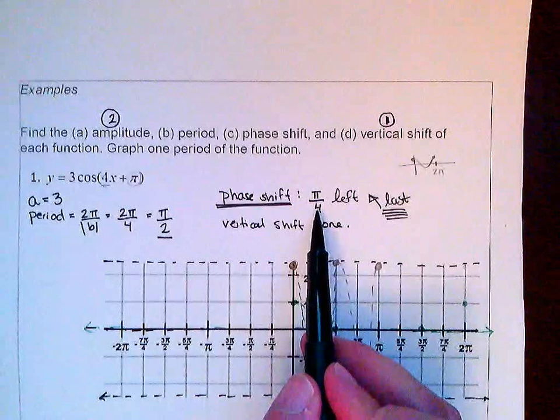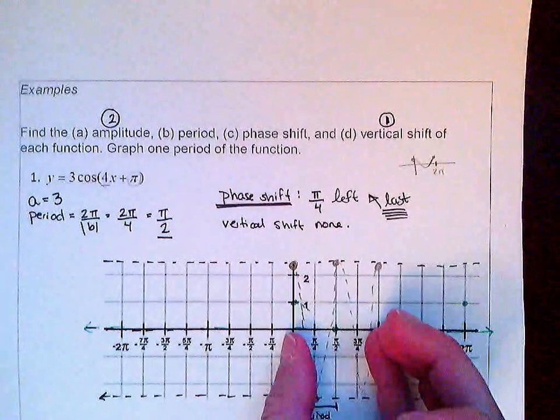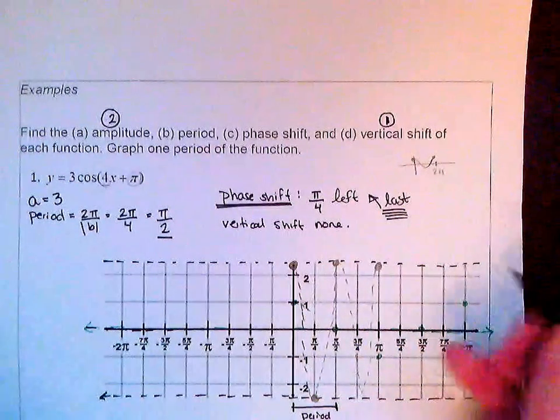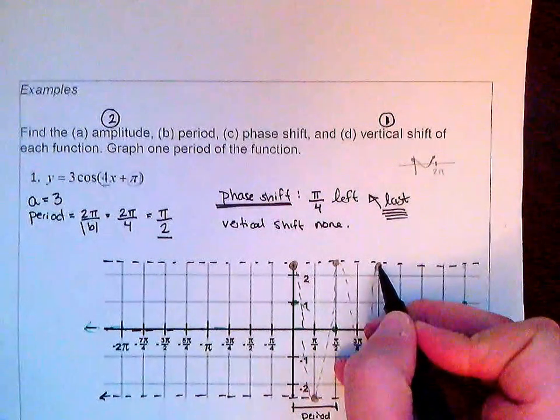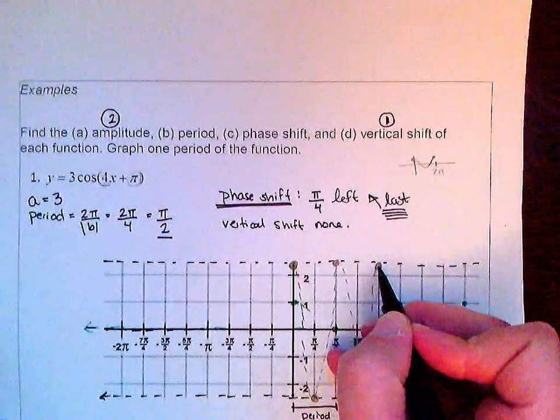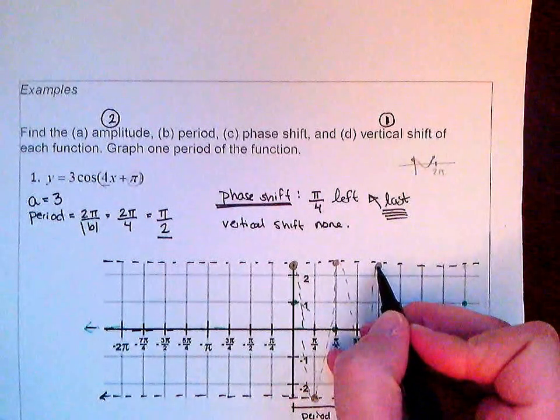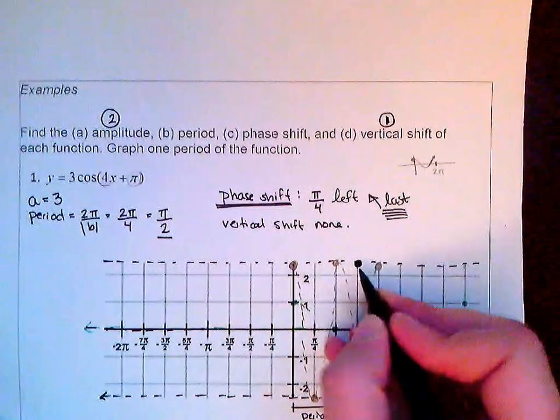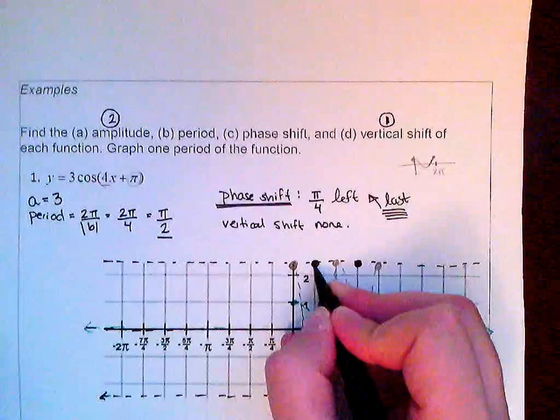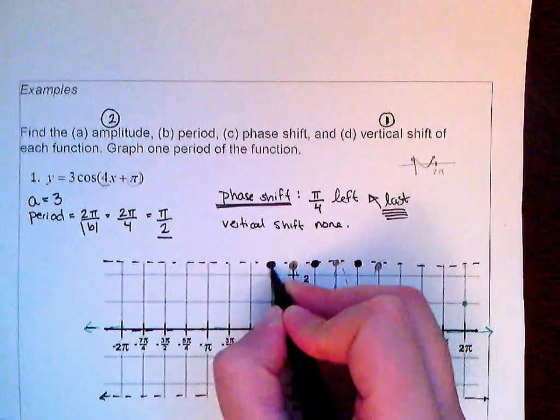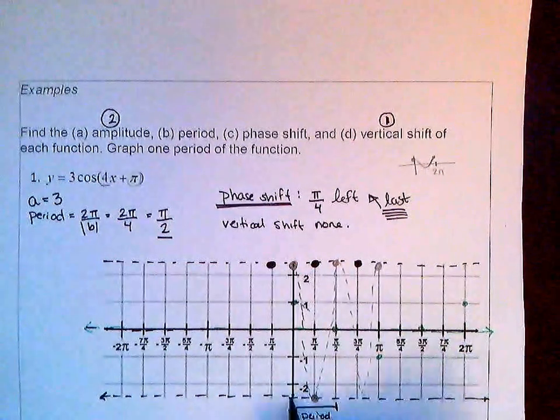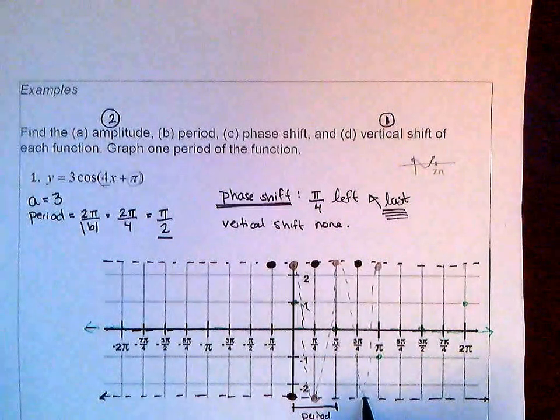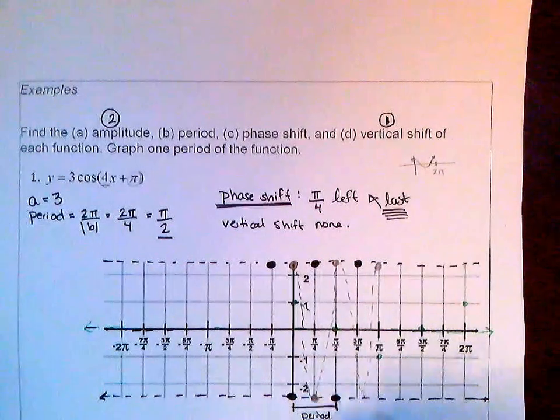Because the phase shift is saying that this whole entire graph is moving to the left pi over 4, all you have to do is move every single one of these points to the left pi over 4. So instead of this point, it's going to be right here. And then this point is moving right there. And this point is moving over 1. This point is going to be moving over pi over 4.